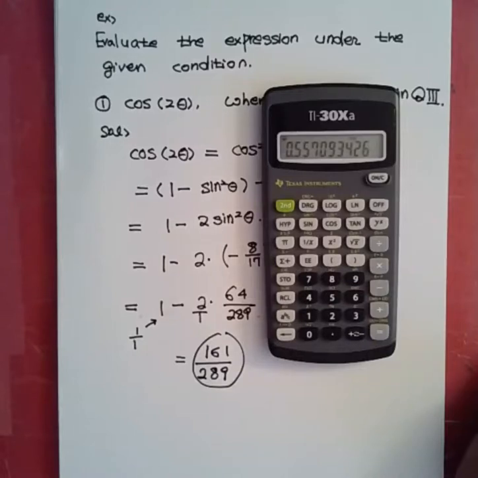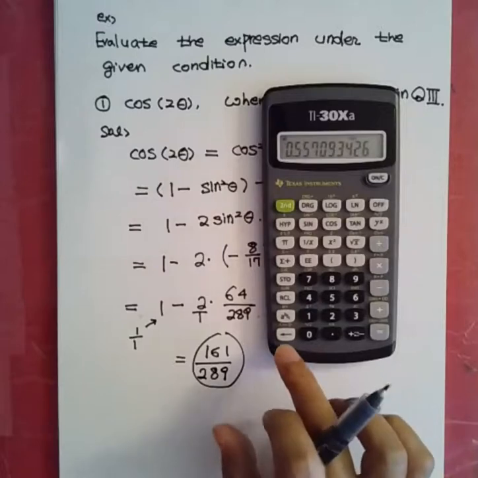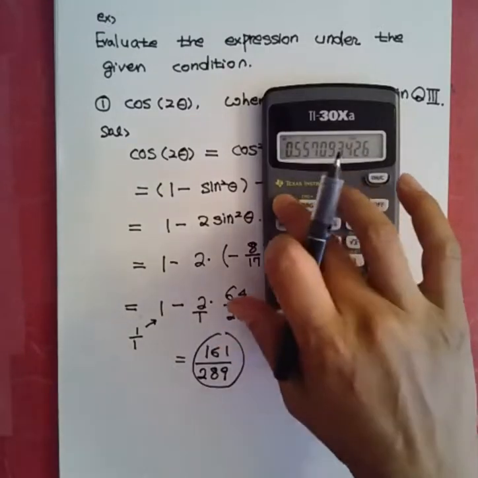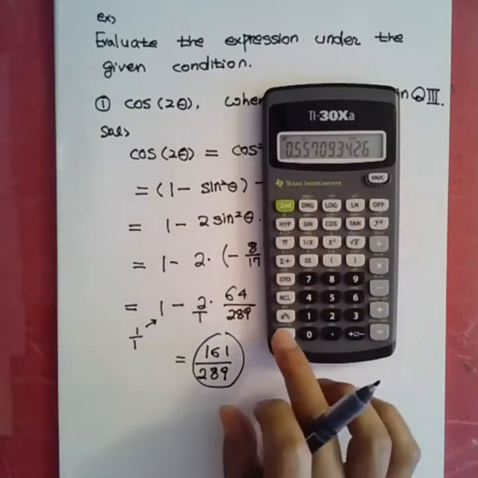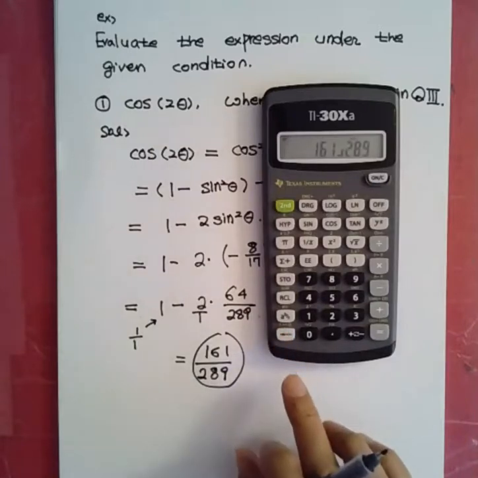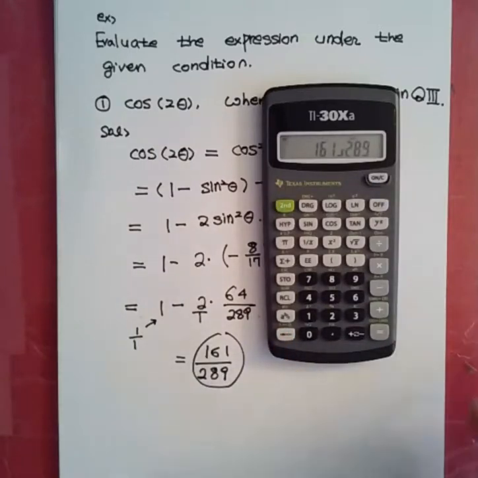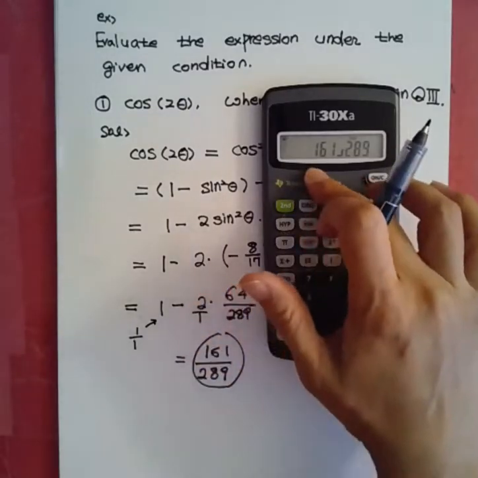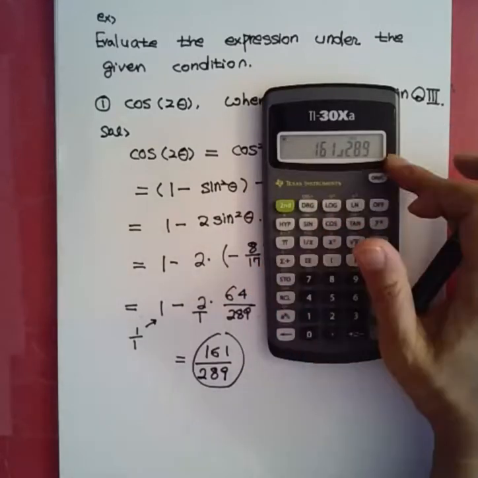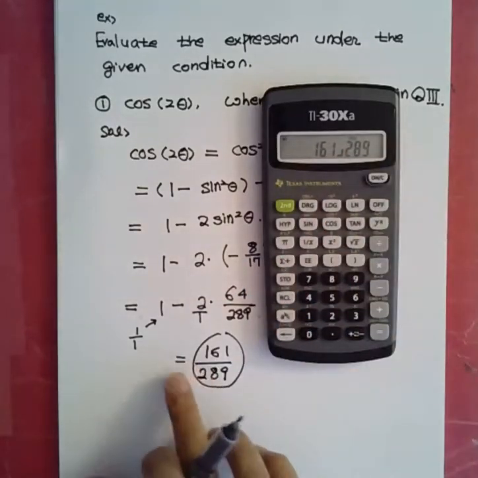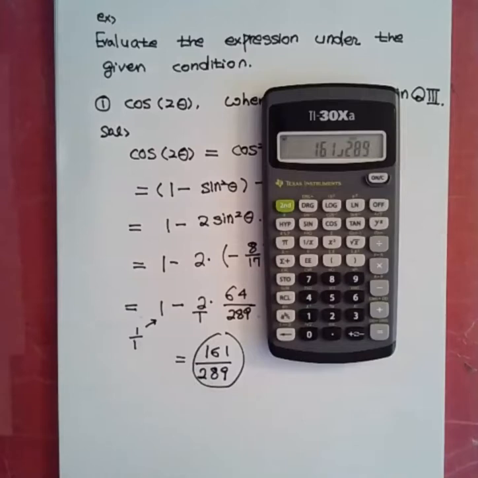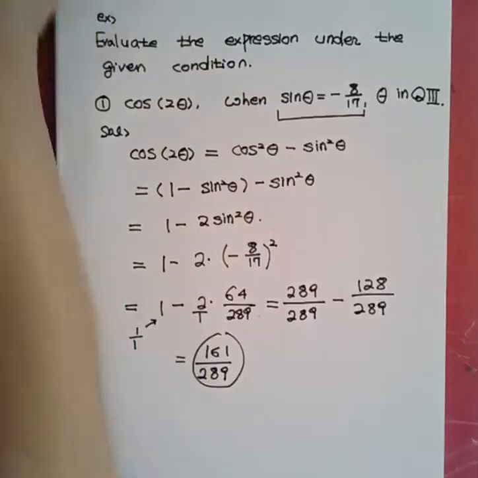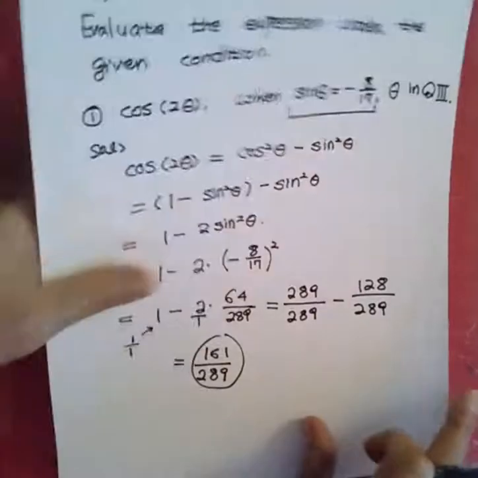And then you can use this arrow button, then second and arrow. That'll convert the decimal form of the answer to the simplest fraction. That is identical to this answer. So this is the simplest form of the fraction.